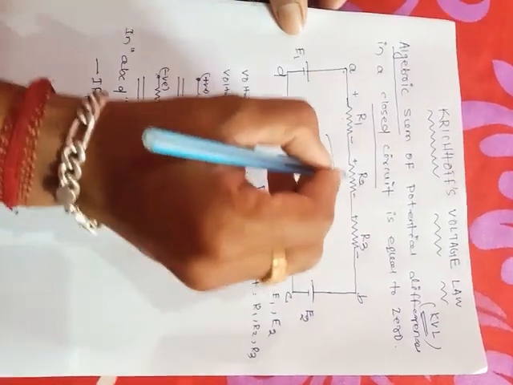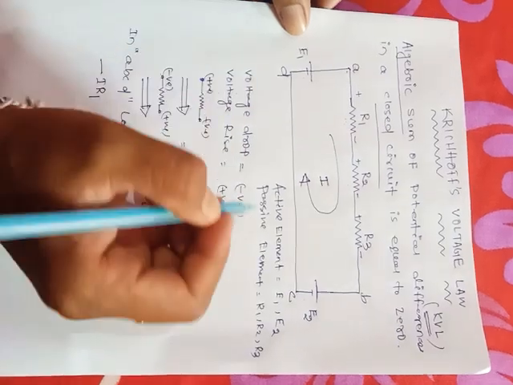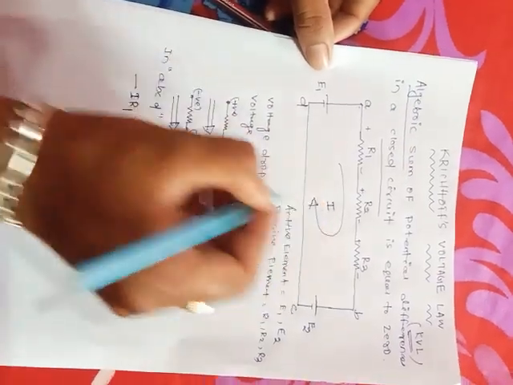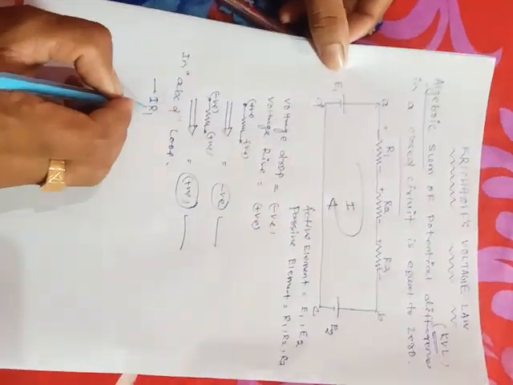There is a voltage drop across each resistance. Here the current I flows through resistance R1.